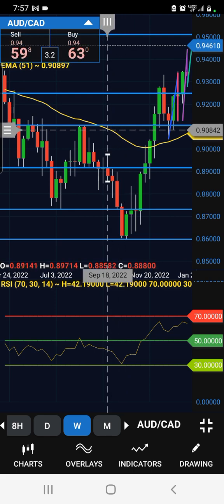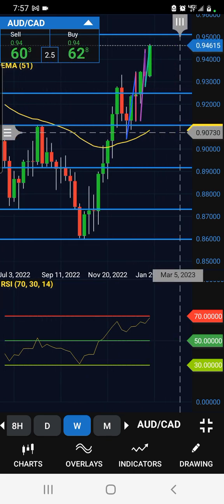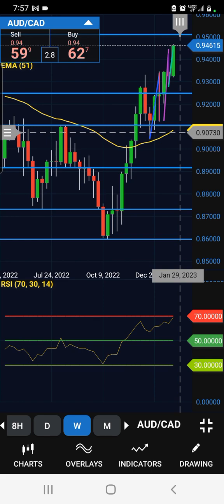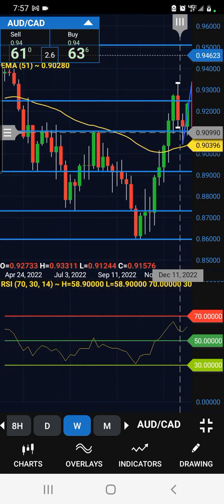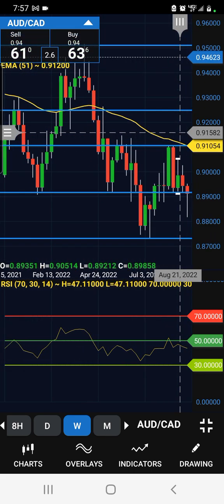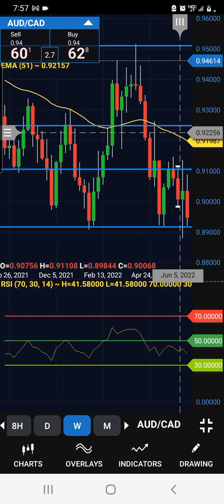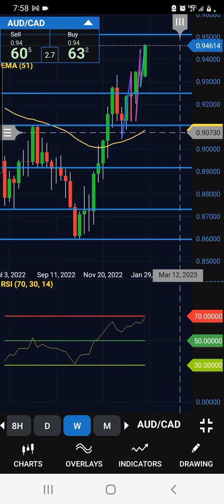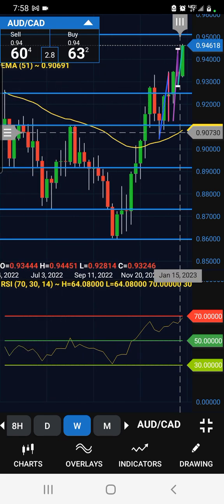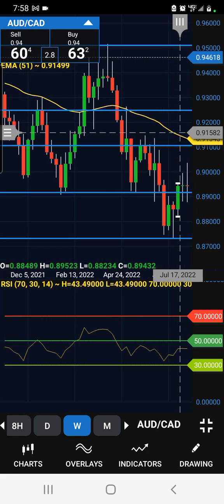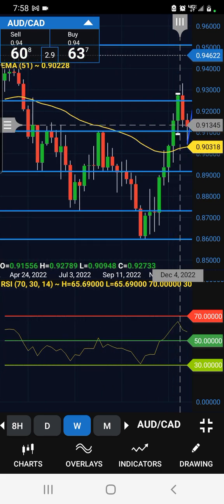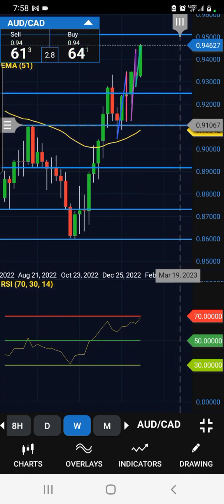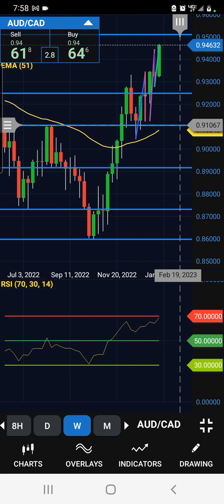Also a support level. 1, 2, 3, 4, 5. The fifth blue line up from the bottom is a resistance level. And let me see, also a support level.